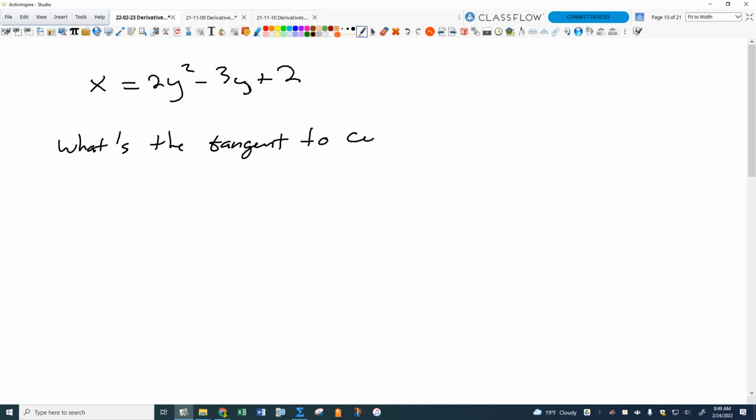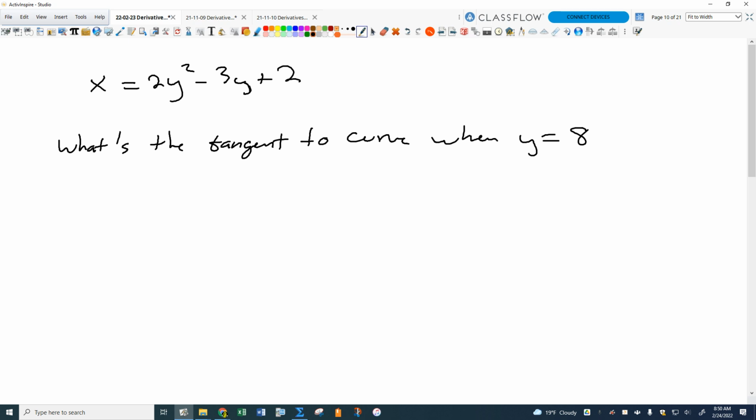So say we have this, and let's say that we want to figure out the tangent to the curve when y equals 8 or something. What would you do?